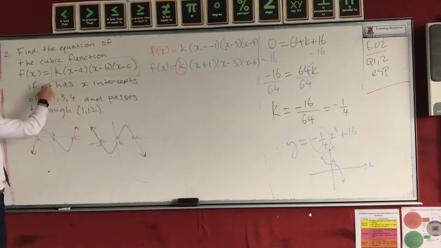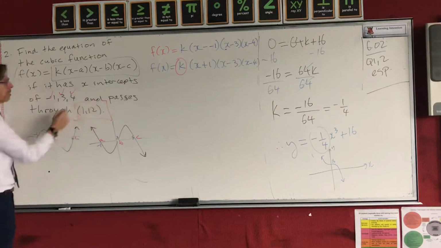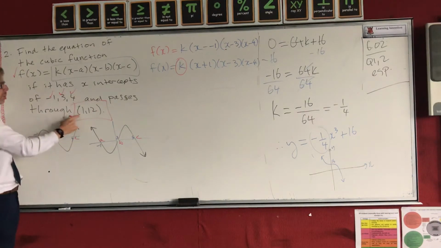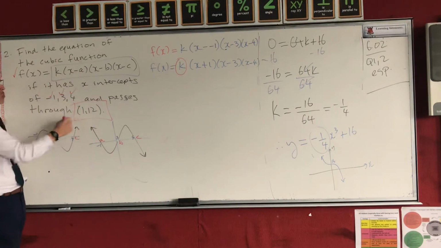There's my equation. The only thing you've got left to do is to find out k. Now if you go back to the question, we've already used these three, all done. We haven't used this. So the cubic passes through (1, 12).